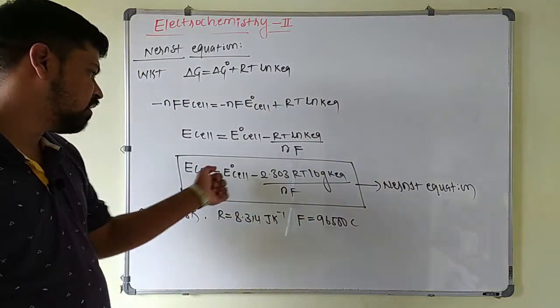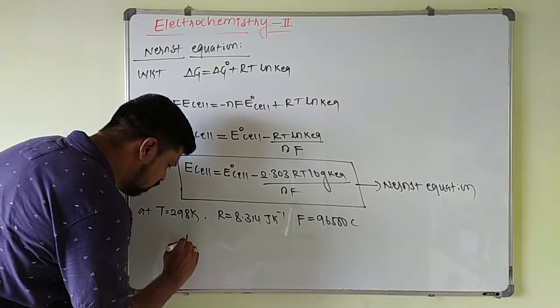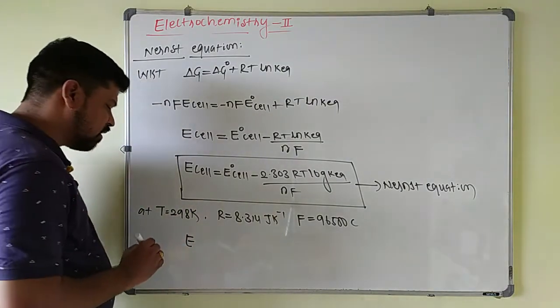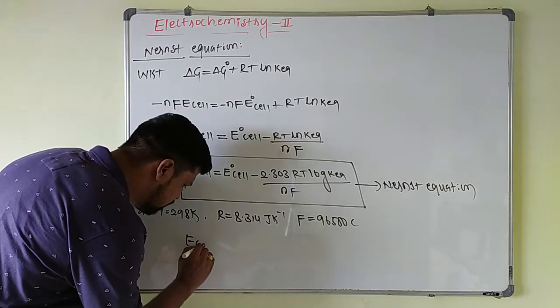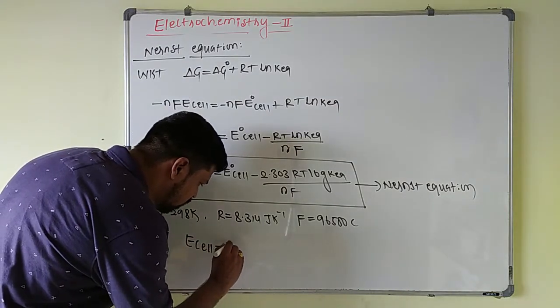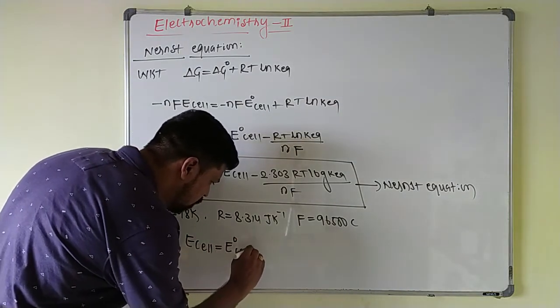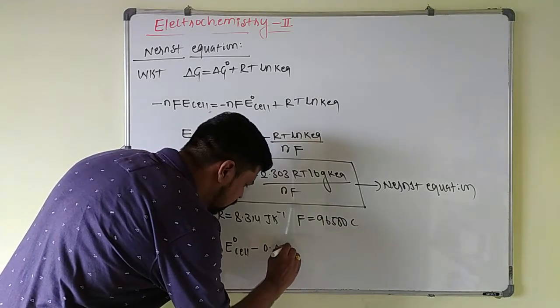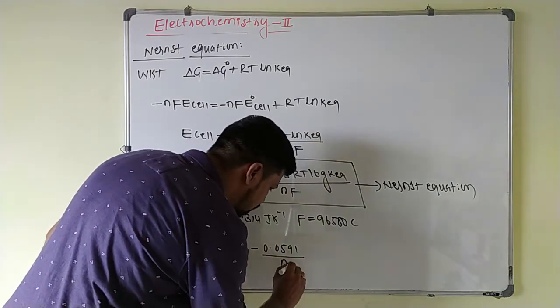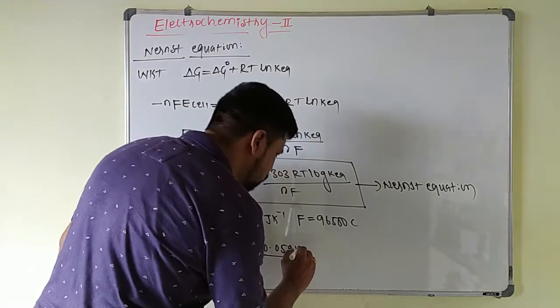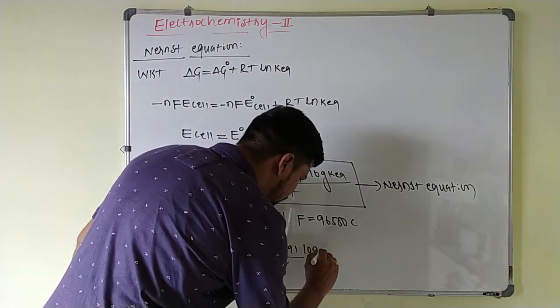If you put these values, this equation becomes, that is at 25 degrees Celsius it becomes E cell is equal to E naught cell minus 0.591 divided by n value into log of K equilibrium.